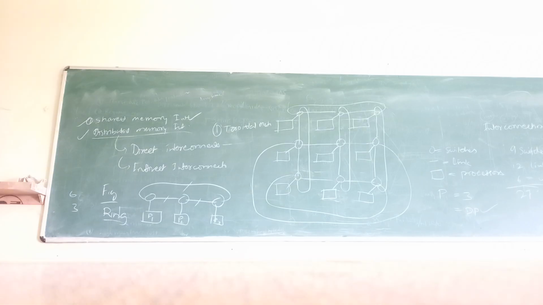In the direct interconnect, each switch is directly connected to a processor-memory pair, and the switches are connected to each other.